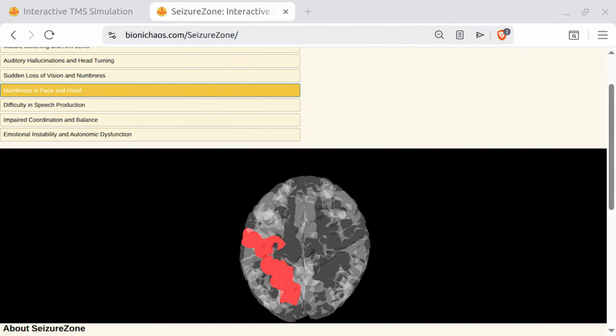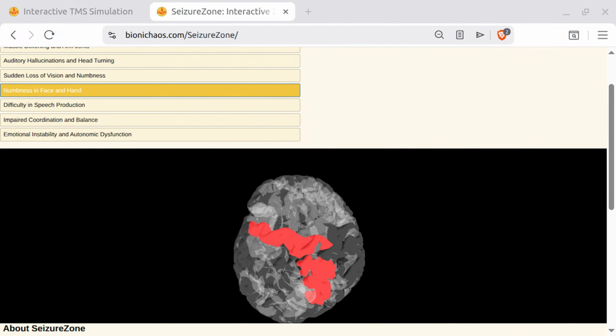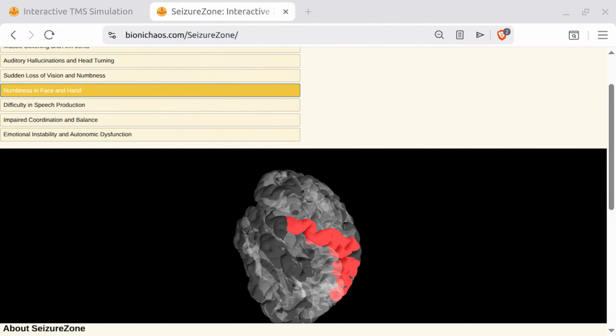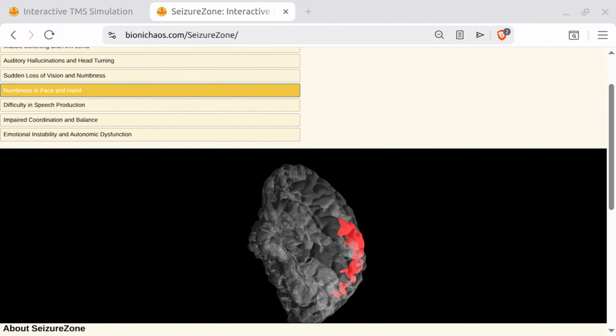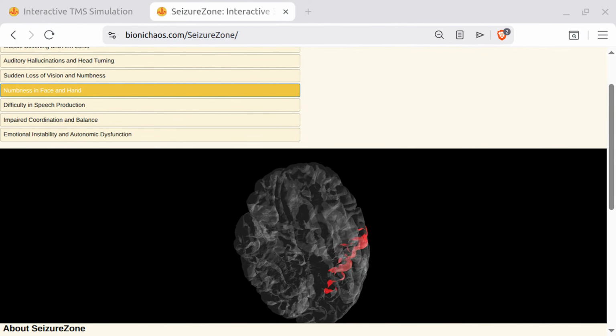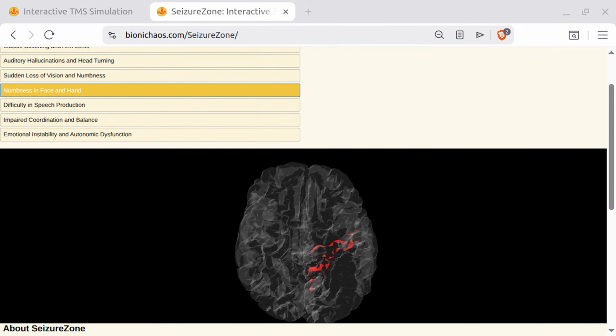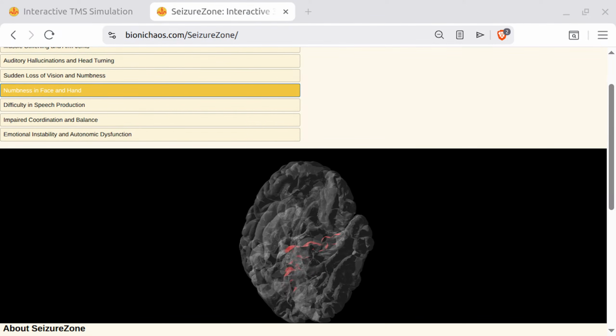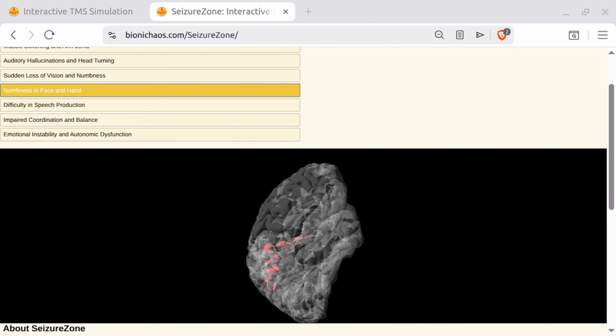It's essentially all the 3D components for the different parts of the brain. They're all in object files.